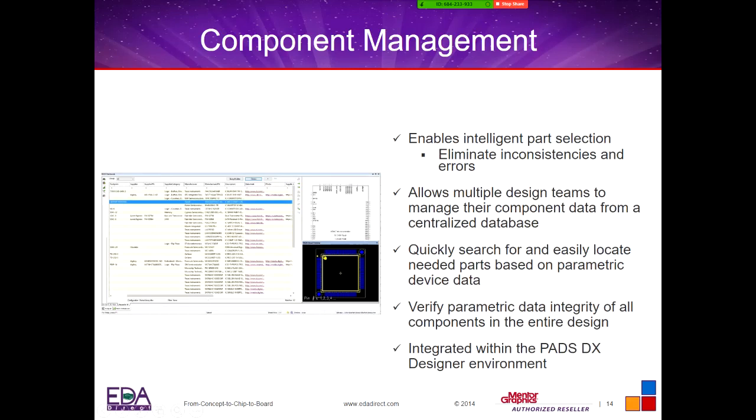We can actually tie into different departments within your company, whether they're using Excel or Access databases or SQL databases, whatever they're using, and we can actually take information from their spreadsheets and pull those into our spreadsheet so that we can use those properties and associate those to the components. So we have a really nice component management tool. This way it makes it a lot easier for engineers to be able to look for the designs and the parts that they need right inside of the tools. Okay.